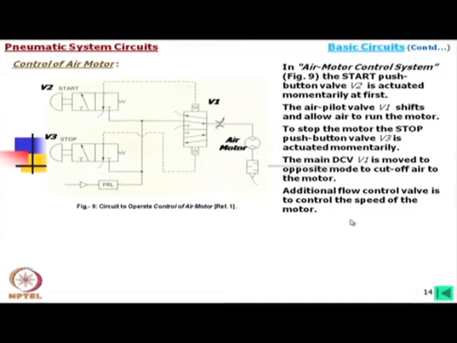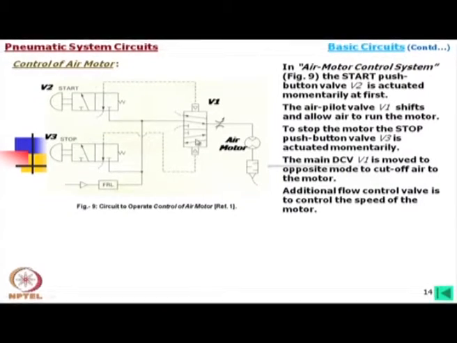In this way the motor runs. We could have used only one valve with some push button actuation from the main source, but using these two switches, if we press start and then leave it, the motor will continue to run.